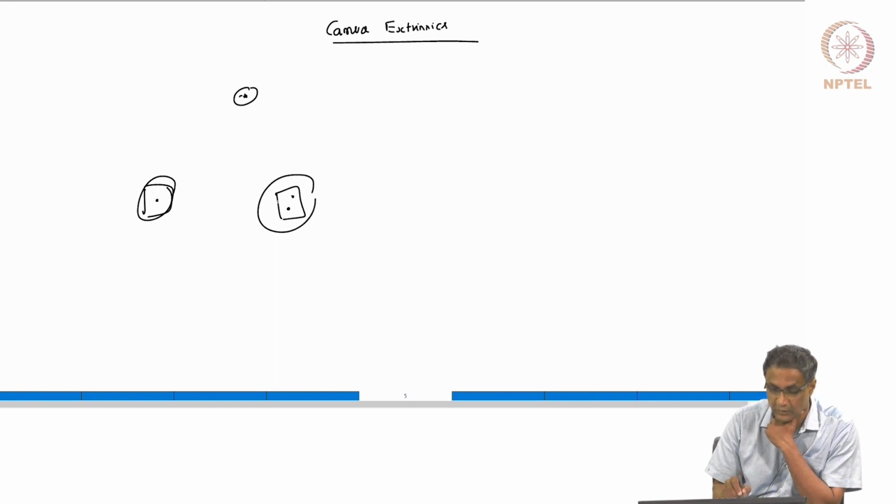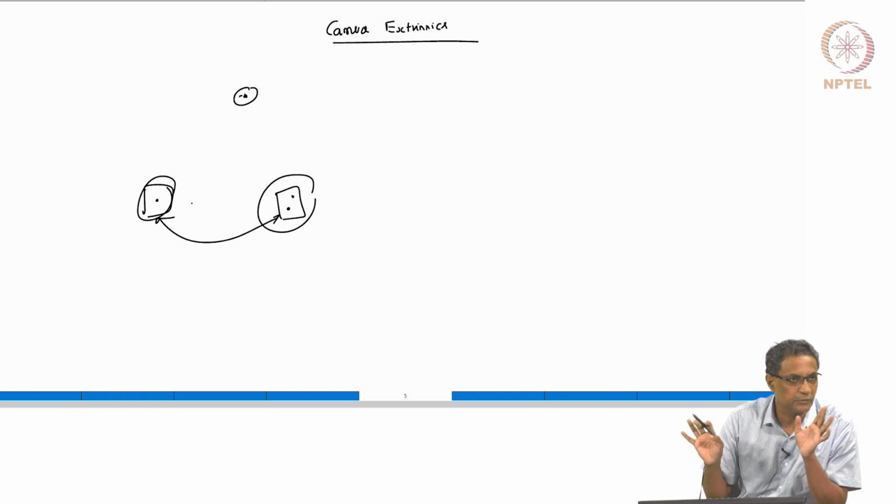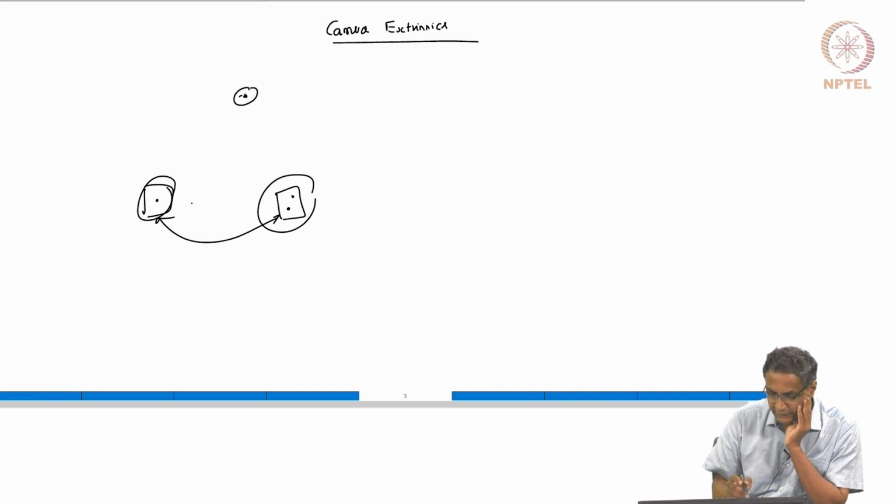If the cameras are not the same, then K could change, and there could also be a relative rotation and translation between the two cameras. That's when you get a stereo. Pure stereo is like pure translation on the image plane, the purest stereo, but you can have a general stereo where you have an R and T. So the intrinsics and the extrinsics together come in order to tell what's happening.